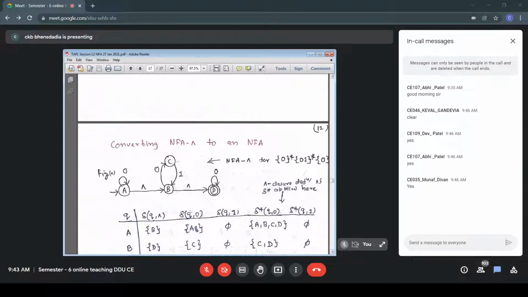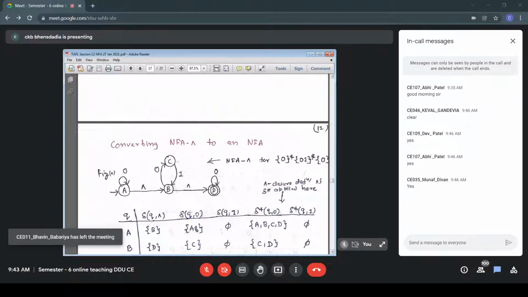So far we have not consumed 0, so answer won't be D yet. But then we consume 0 in the state D. Now 0 is consumed, now D will come. So answer is C, comma D. And delta star B1, no transition defined.